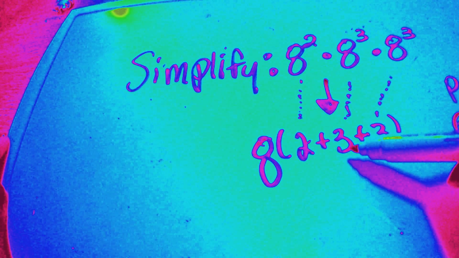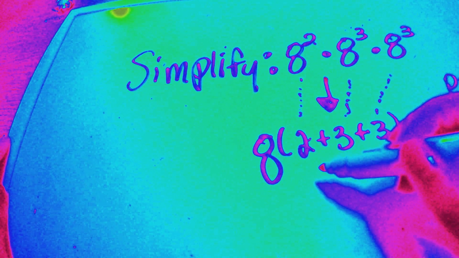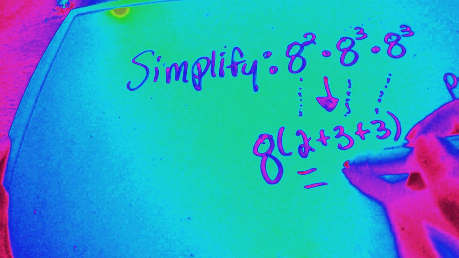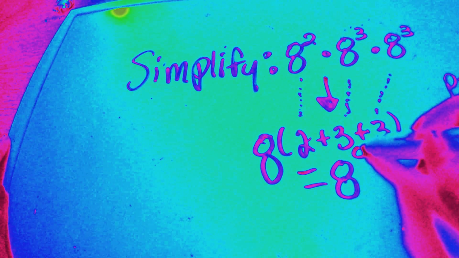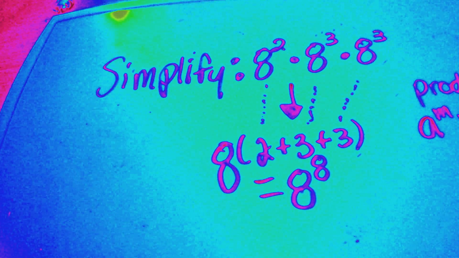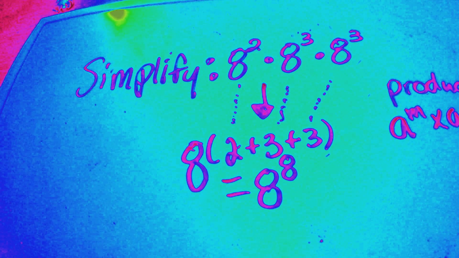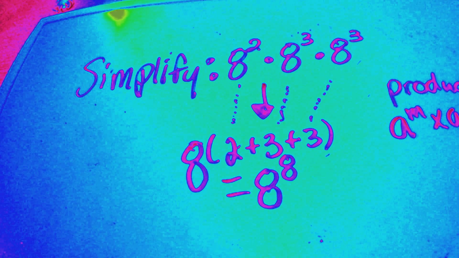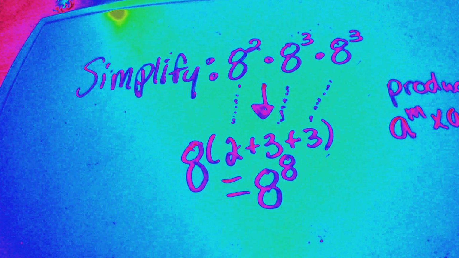Alright, 2 plus 3 is 5. 5 plus 3 is what? 8. So when we write this answer, we have 8 to the 8th power. That is how we simplify that problem. And the answer choices give us single exponent answer choices, so we do not have to simplify any further.